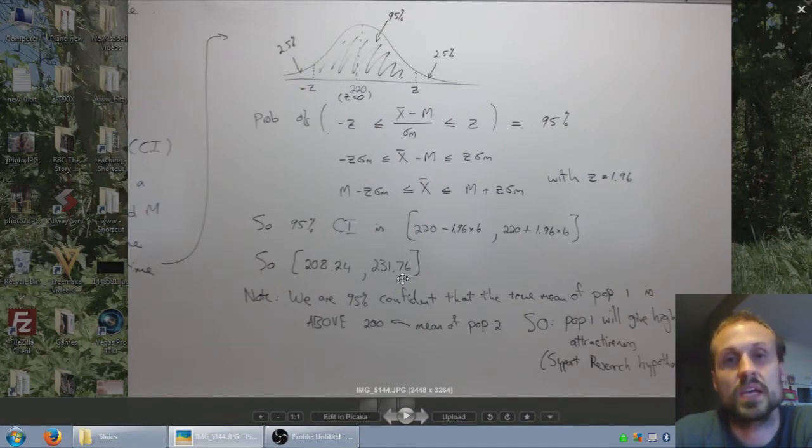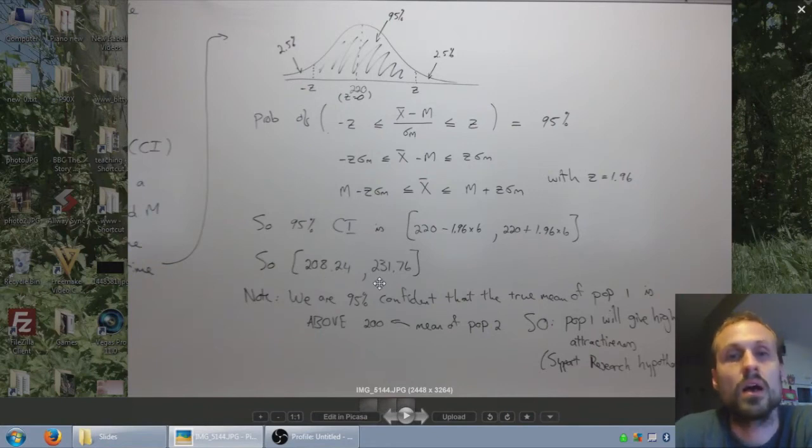So now I can say that there's a 95% chance that I've captured the actual true population mean here. It's somewhere in there. Maybe my sample of 220 is dead on, but probably not. It's going to be close, but I don't know exactly how accurate it is. I only have a range of values and a certain level of confidence to say that it's somewhere in here.